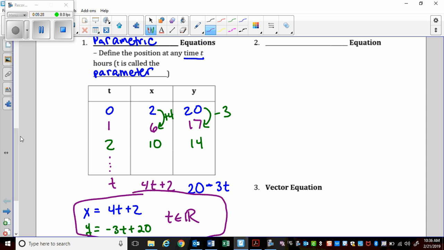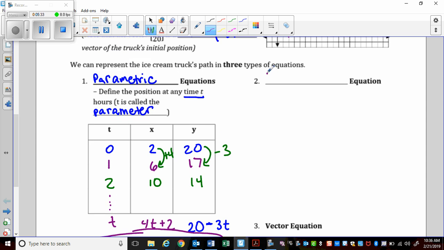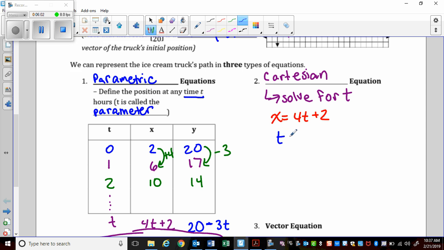Also, we have a Cartesian equation. You guys are used to this one. We're just going to solve for t. Alrighty, so we know that x is equal to 4t plus 2. If we solve for t, we're going to subtract the 2, divide by 4. t is going to be equal to (x minus 2) all divided by 4.